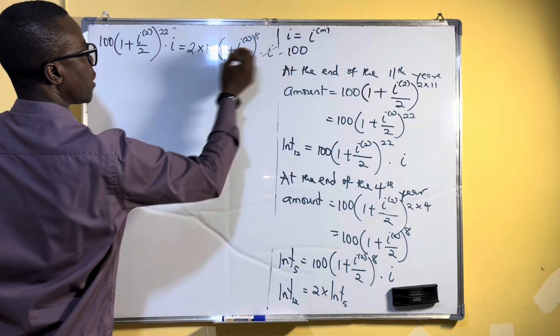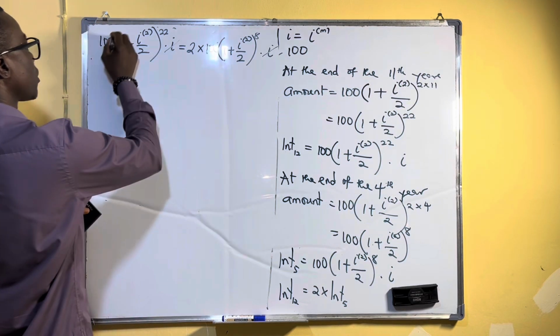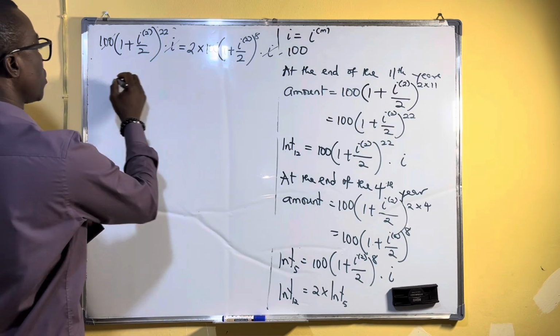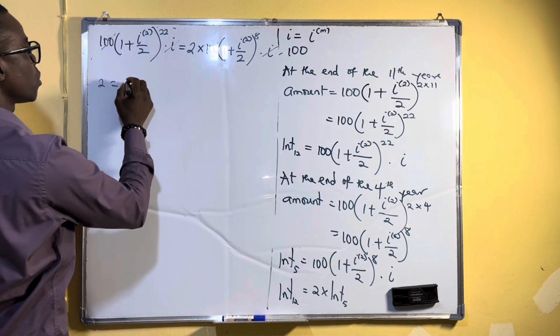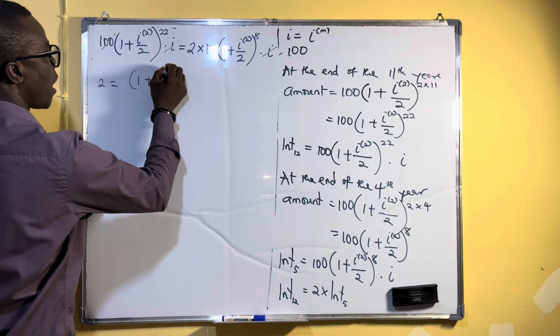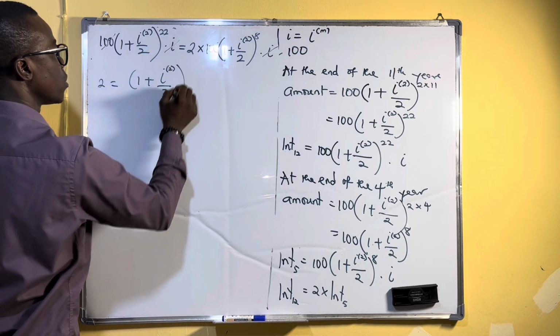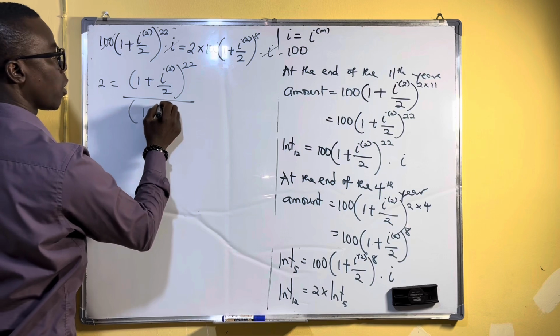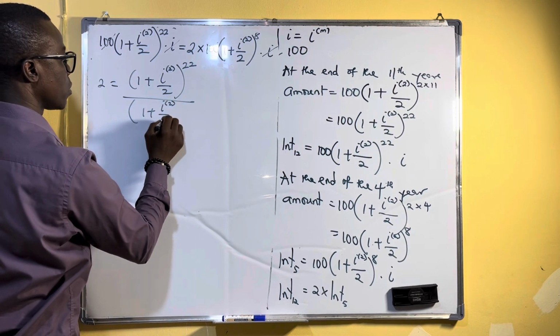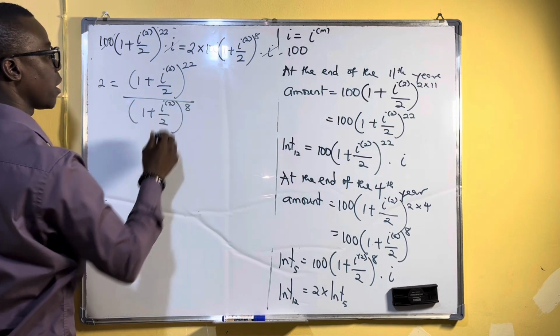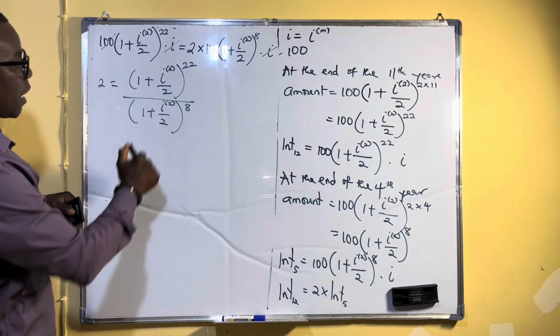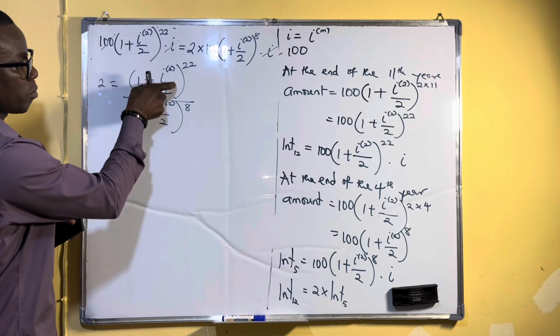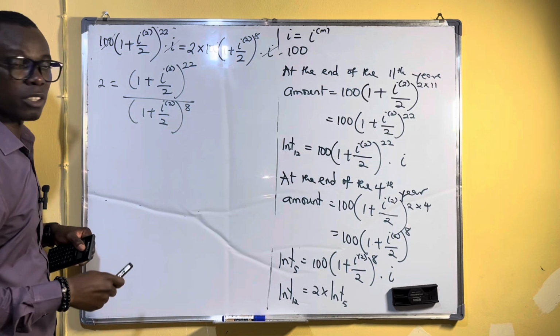Now you're going to see that this goes with this, and this 100 goes with this. So I'm left with this 2. So I'm going to say 2 is equal to (1 plus i^(2)/2) to the 22, all over (1 plus i^(2)/2) raised to power 8. Here, using indices, since I'm having the same base, the powers will subtract.